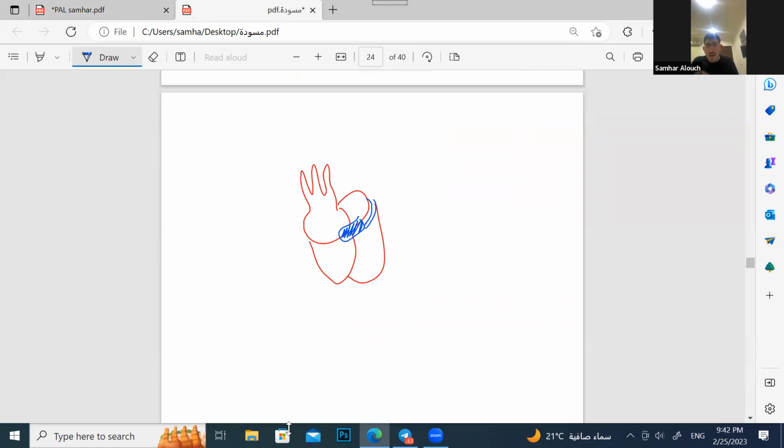That's the normal. Somehow, this vein sends a branch that drains into the left atrium. Now, what's the problem? The left atrium receives blood from the pulmonary circulation, oxygenated blood. But the blood in this Thebesian vein is not oxygenated. It doesn't have oxygen. Normally, we would have 100% oxygenated blood in the left atrium.